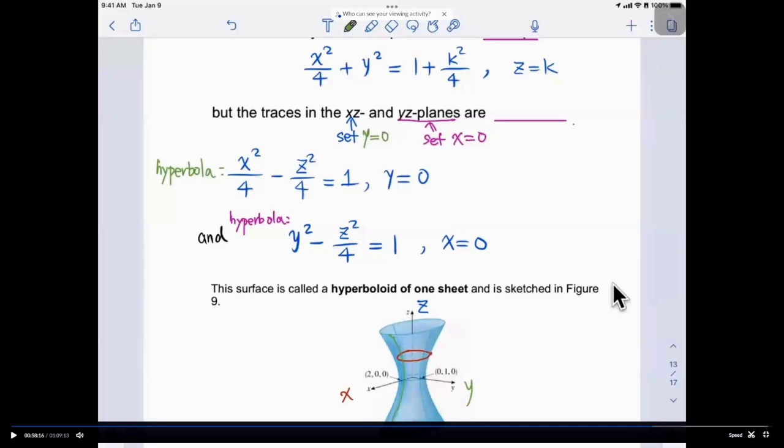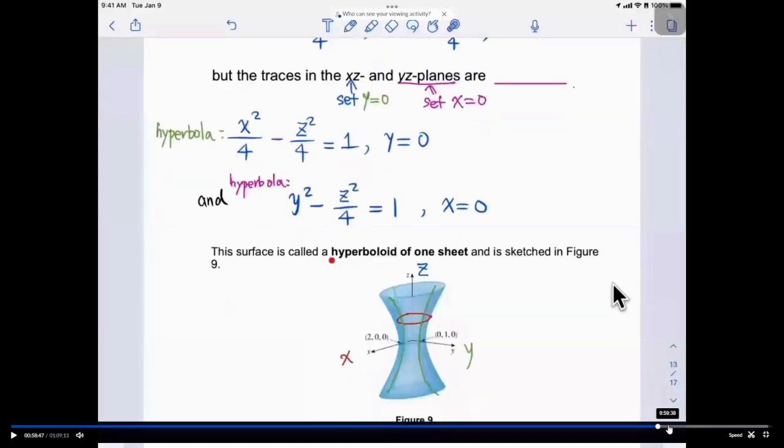And if you put the plane perpendicular to the y-axis, then you also get a hyperbola. Great. This is called a hyperboloid of one sheet. So it's one piece. Sometimes we have a hyperboloid of two pieces. See the picture.